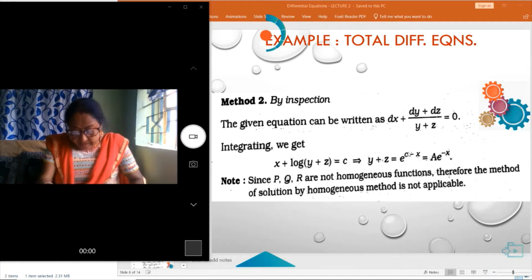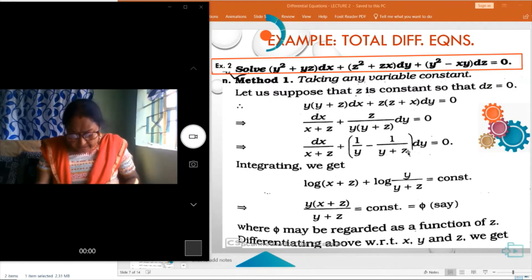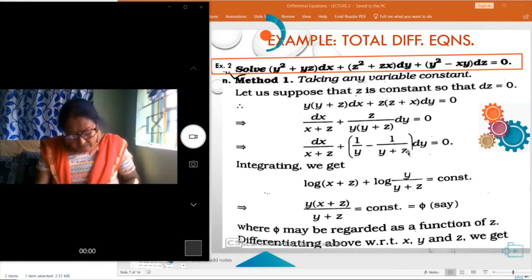Now, the second example we have taken here: (y square plus yz) dx plus (x square plus zx) dy plus (y square minus xy) dz is equal to 0. Here in this case, variables are attached with dx, dy and dz.